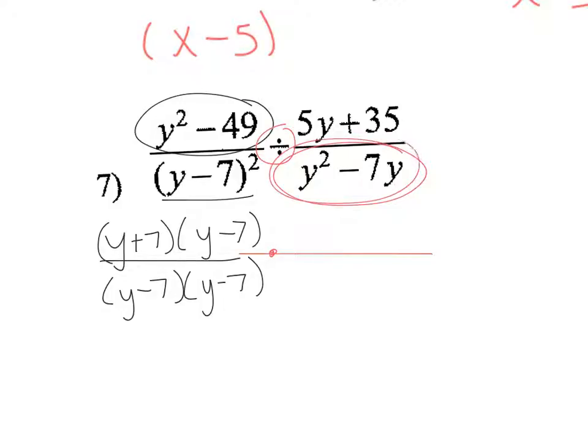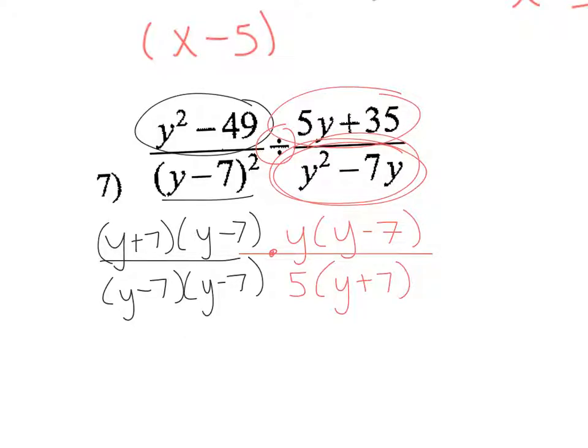I'm going to put this part on the top, factor out a y. And then this part goes on the bottom. And now I'm going to cancel out common factors. So I have y plus 7, y plus 7, and y minus 7 several times. So you're left with y over 5. A lot of stuff canceled out.